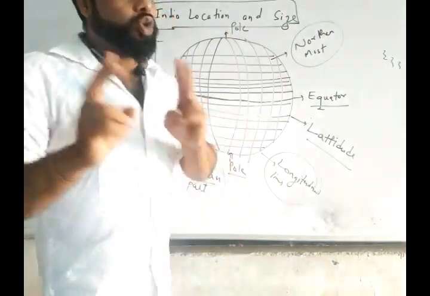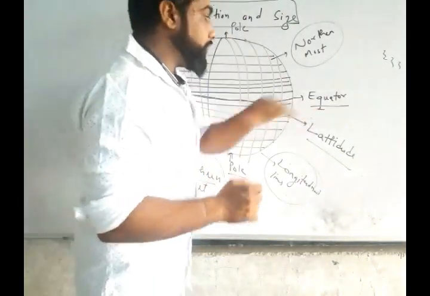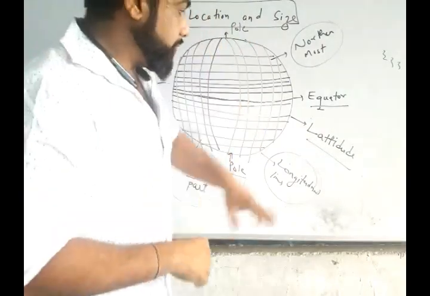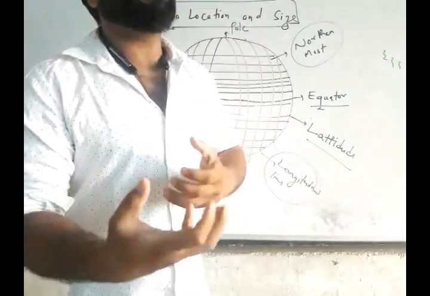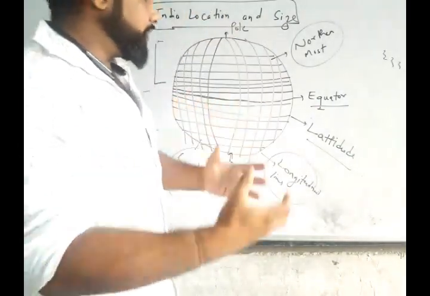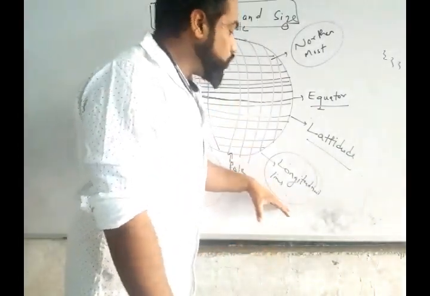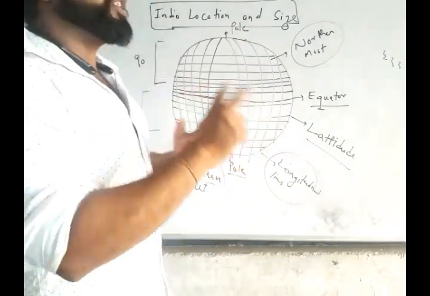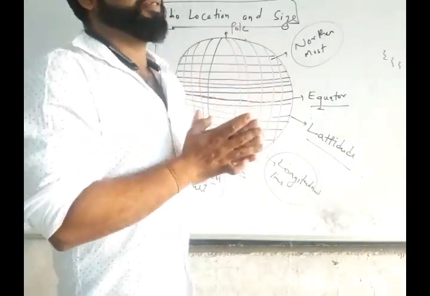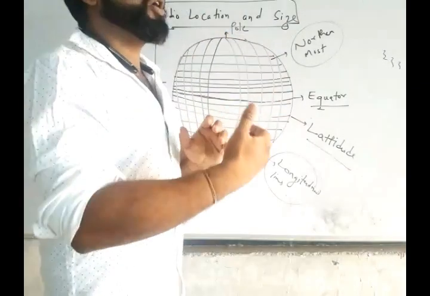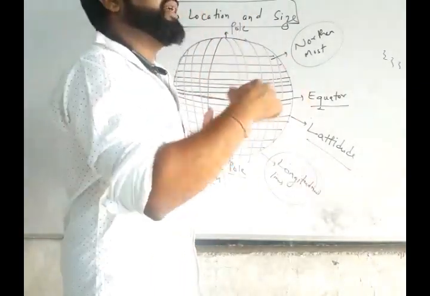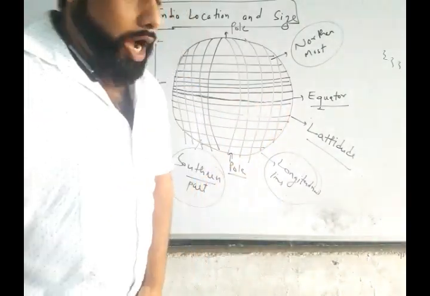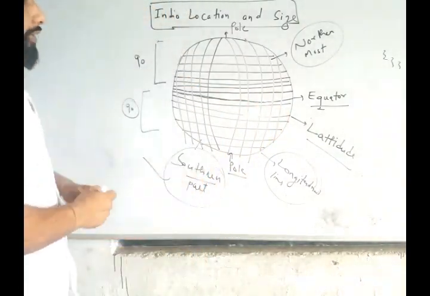From this you get two things. One is the equator, which divides the globe into two equal parts. Latitude, which tells us the position of a person. Longitudinal lines are the important lines which give us the time difference, which tell about the time, which tell about the day differences between the countries. Very important. How many longitudinal lines are there?